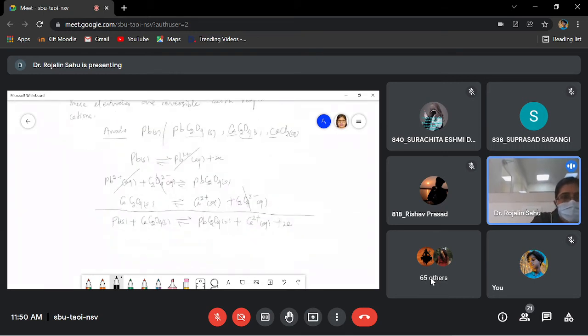So this is the reaction at anode. So just the opposite reaction will happen at cathode.